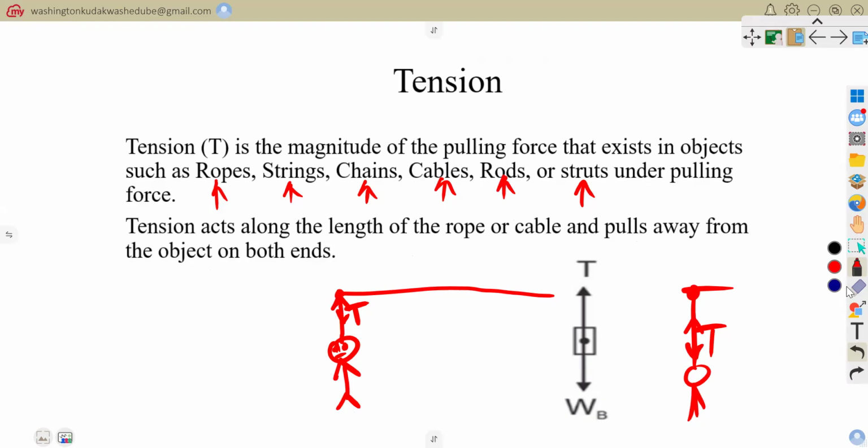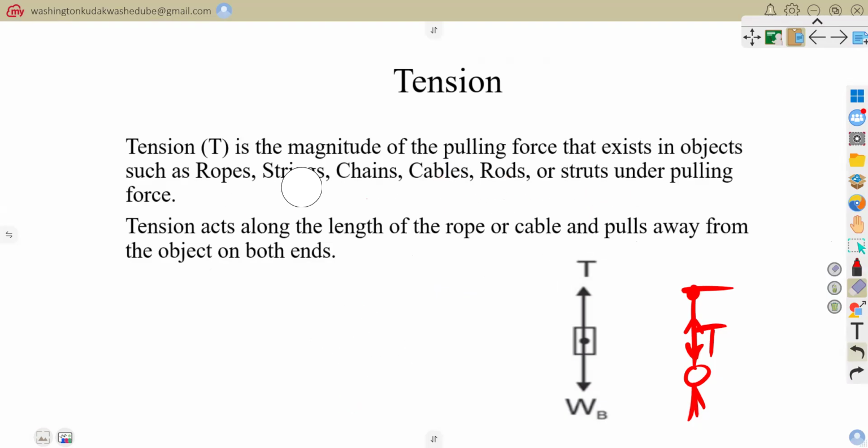But usually, when you have an object that is suspended, you always have your tensional force pulling away from the object, so that this tensional force will be balanced by what we refer to as the weight of the object. So this is how, whenever they say draw a force diagram or else a free body diagram, you would actually adopt your representation of the tensional force as well as the weight of the object.